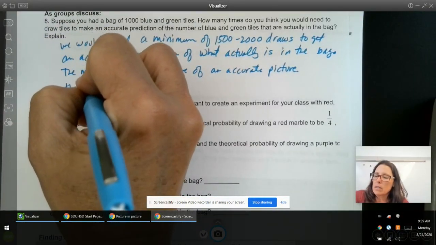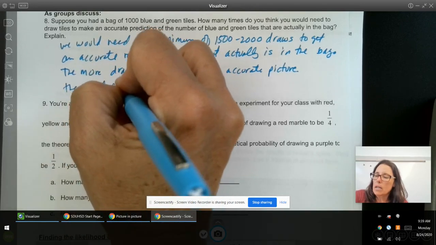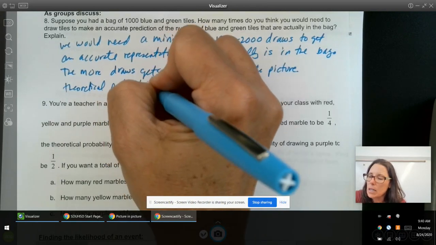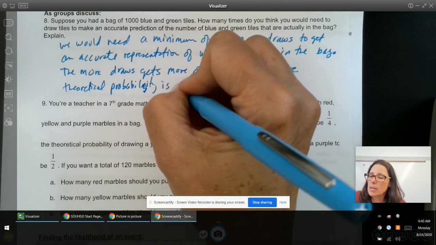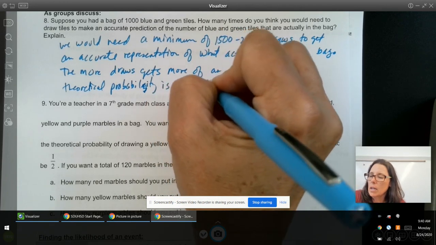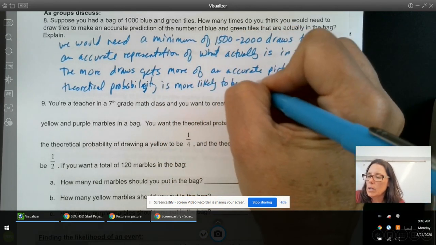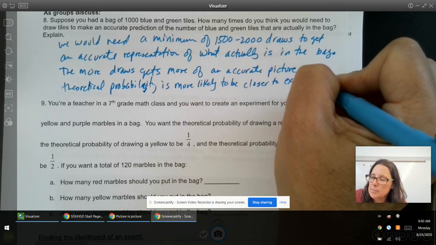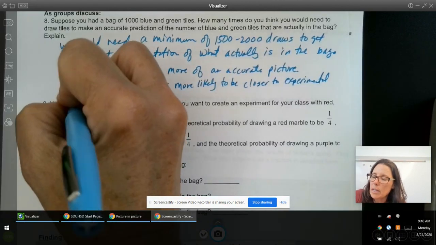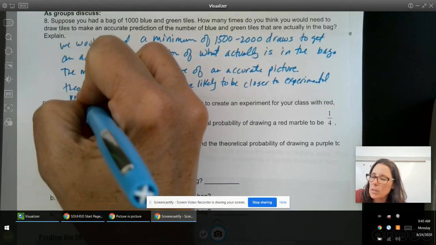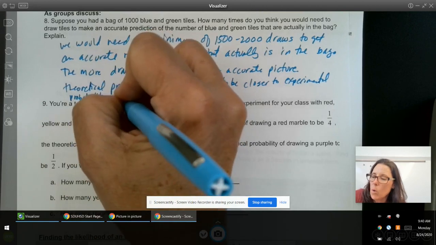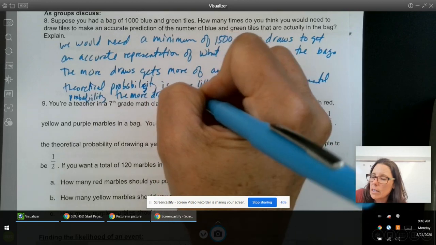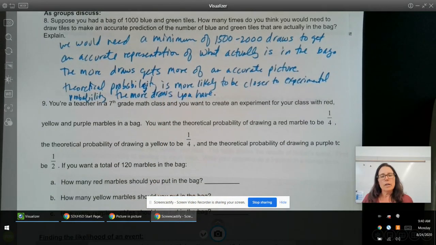Theoretical probability is more likely to be closer to experimental probability the more draws you have. Okay, that should make sense.